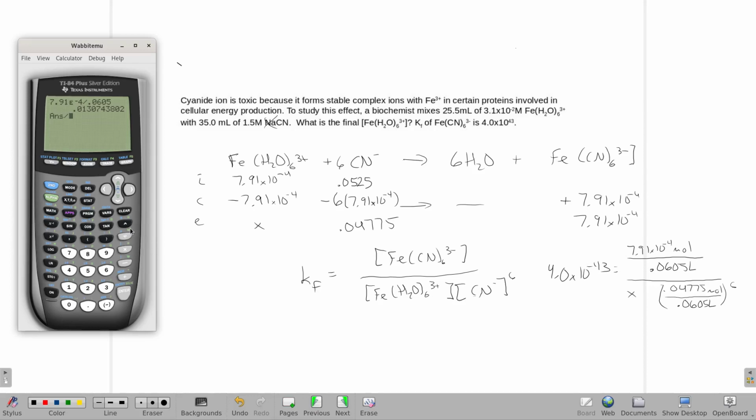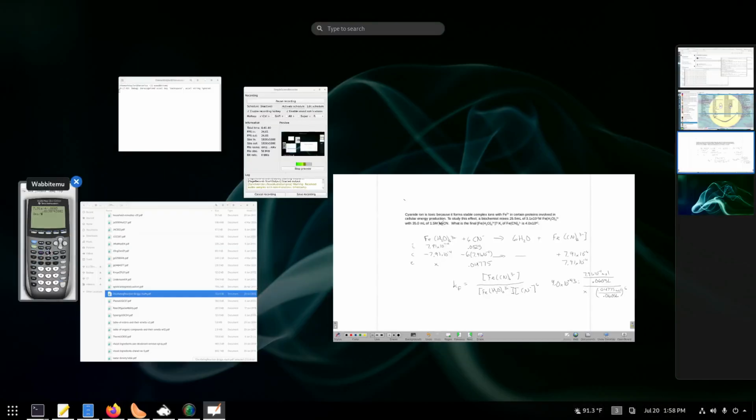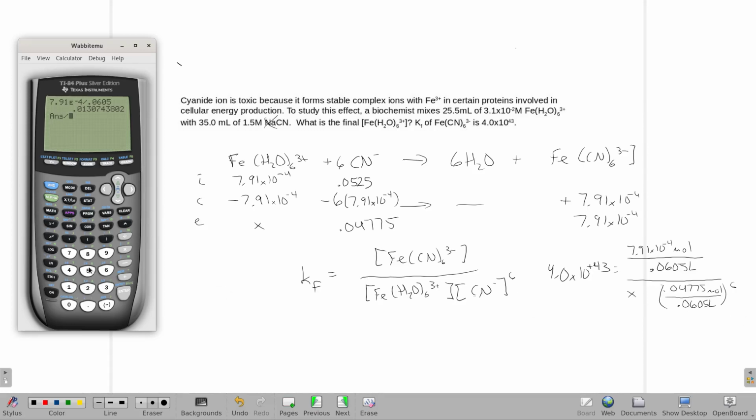Then I'm going to divide this by swapping the x and the 4 times 10 to the positive 43. It does say it's supposed to be a positive; there's a positive up here. So I'm going to divide this number I just got by 4.0 times 10 to the 43rd. Also going to divide it by, in parentheses, 0.04775 divided by 0.0605, to the 6th.